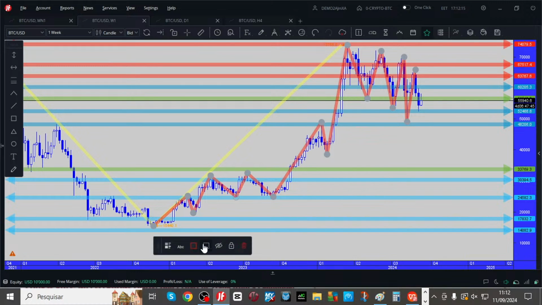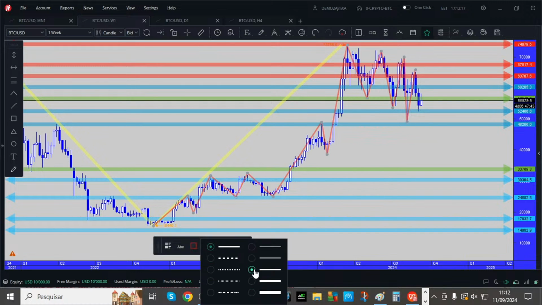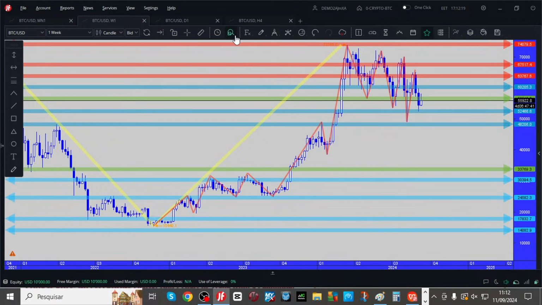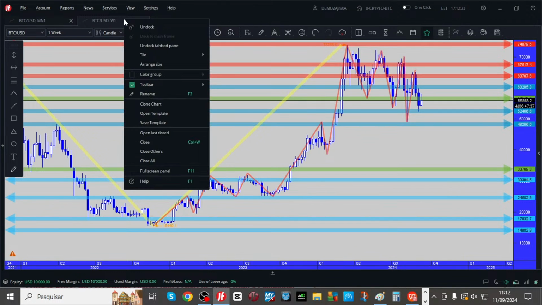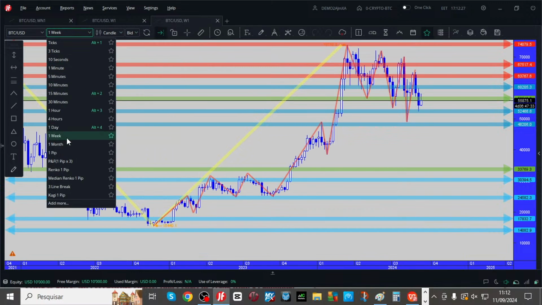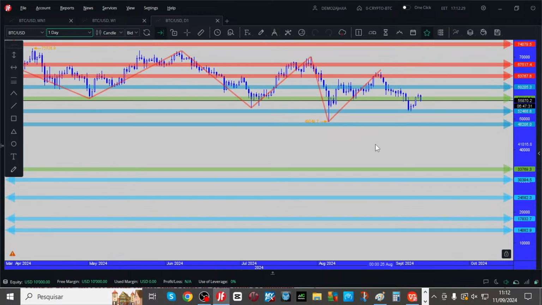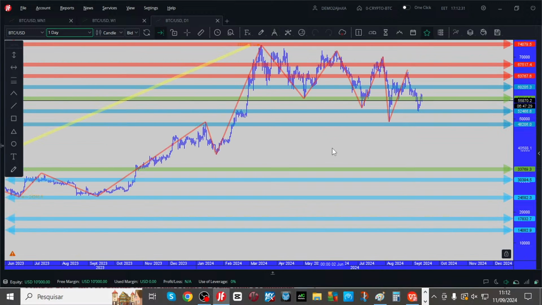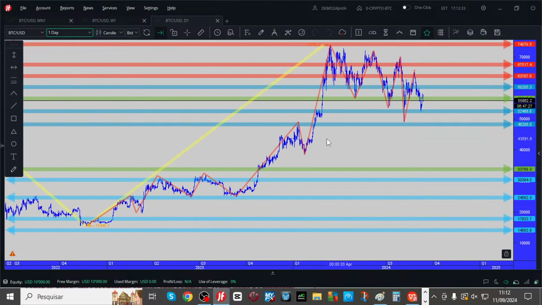And again, I'm going to delete the daily and delete the 4-hour, and I'm going to clone again and go on the daily. Everybody, so now we have the market wave, and now we have the short-term downtrend.